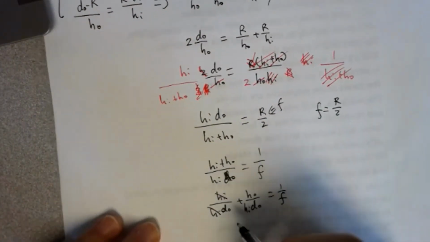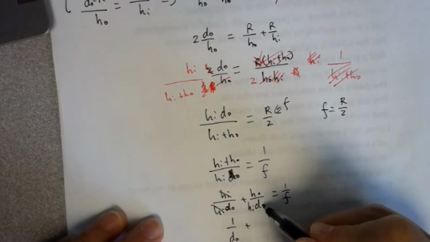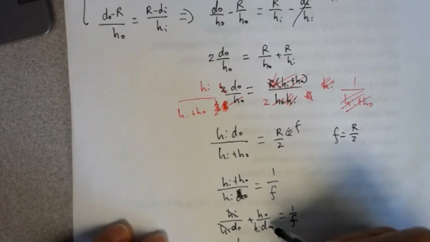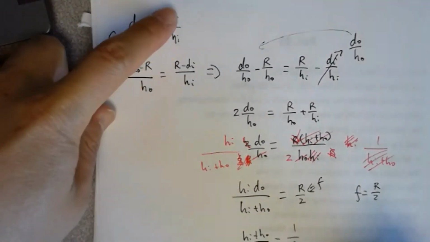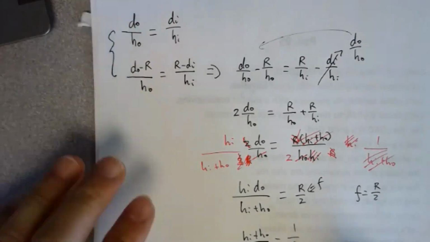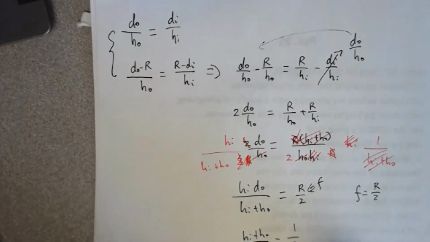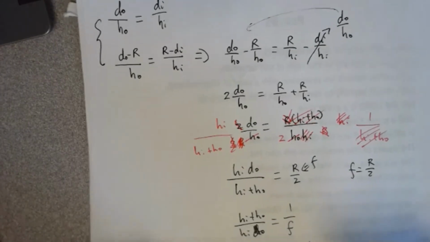So you get 1 over DO on the first term plus HO over DO. Now it's a little bit far away, but if you recall here, HO over DO should be HI over DI, right? So then we should just write HI over DI, and then there's still HI there. So that goes away, equals 1 over F, okay?